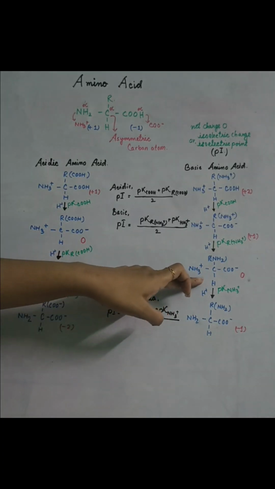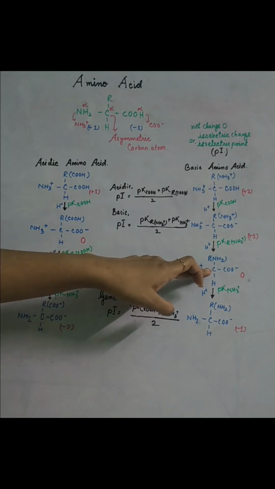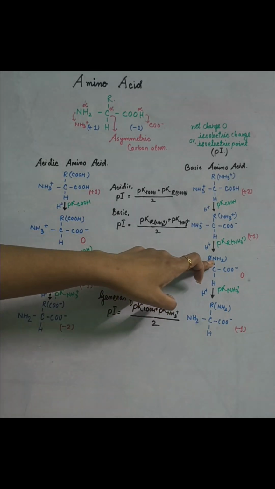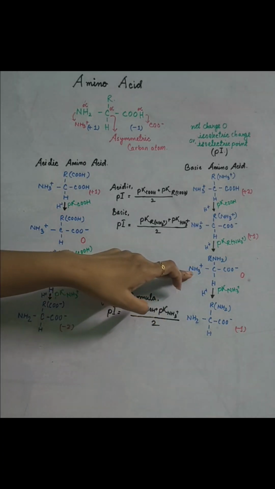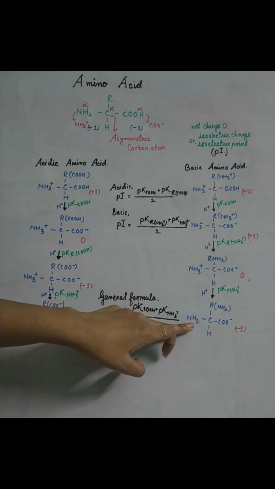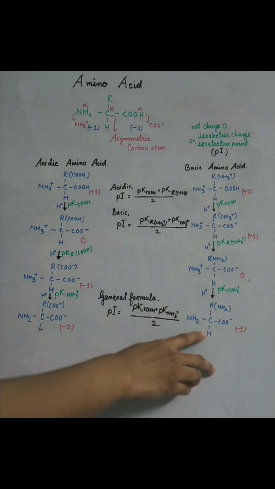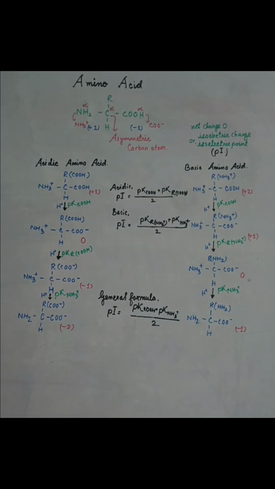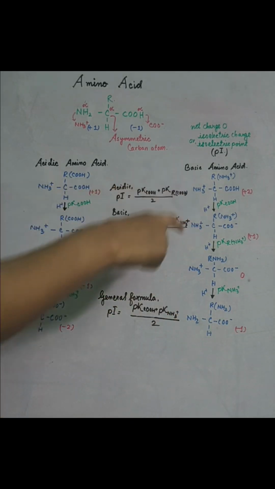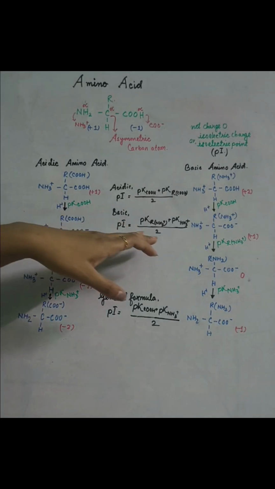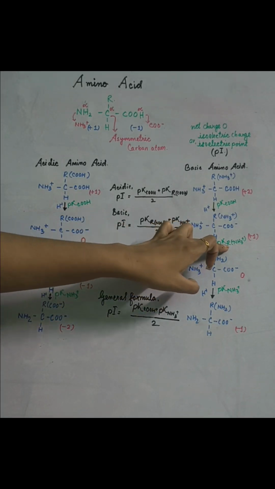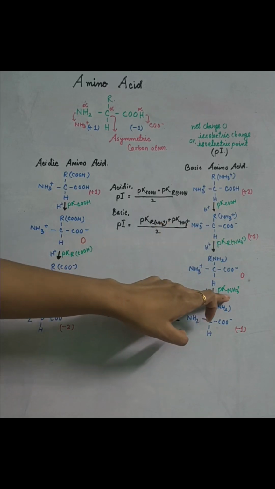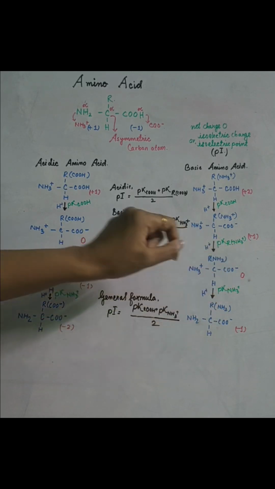And again, after the H+ is removed from the R NH3+, the H+ is removed from the alpha NH3+ becoming the alpha NH2, and finally this is the monoanionic form. That means the net charge is -1. So therefore, for basic amino acid, we take the pK value for the R NH3+ and the pK value for alpha NH3+ to get the pI value.